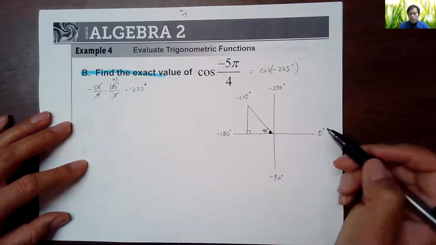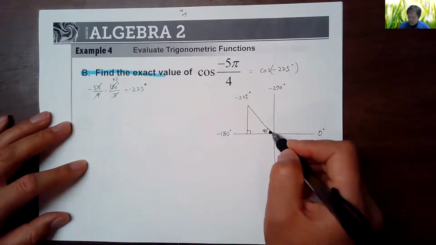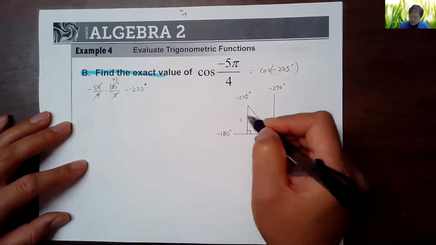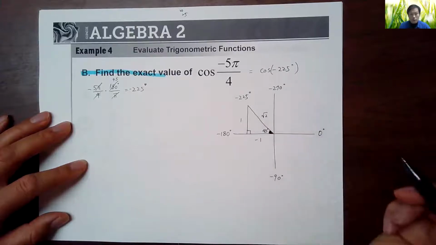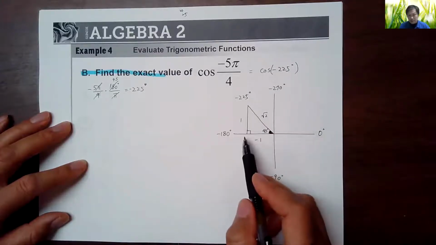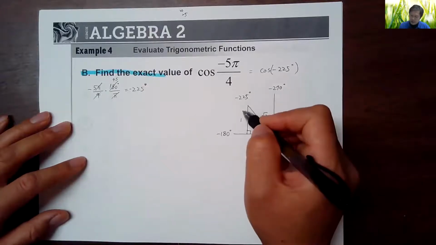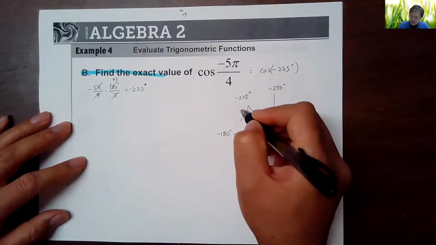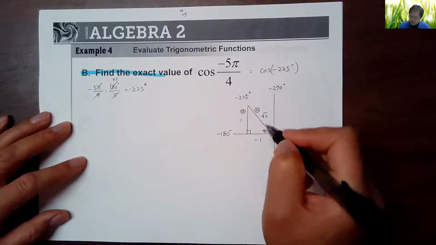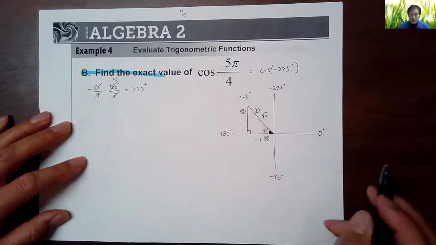And for 45, you should notice, aha, this is a special triangle again: 1, 1, square root of 2. Don't forget minus going to the left. Down, left, you have to put minus. Let's label it as opposite, hypotenuse, adjacent.